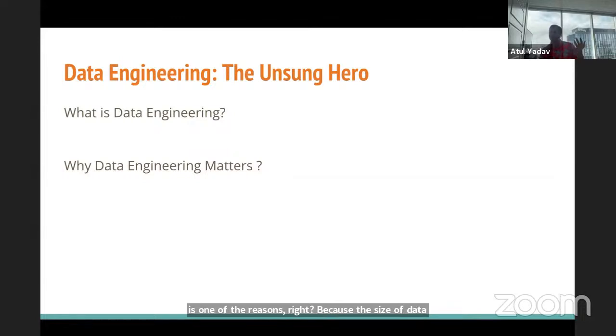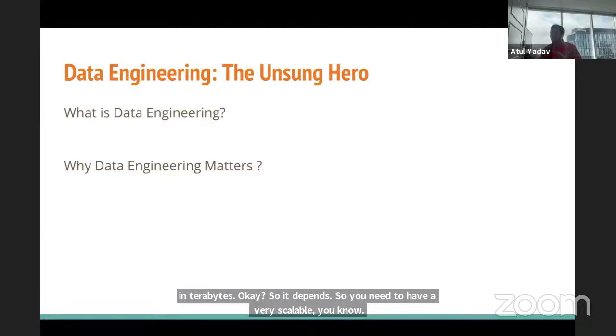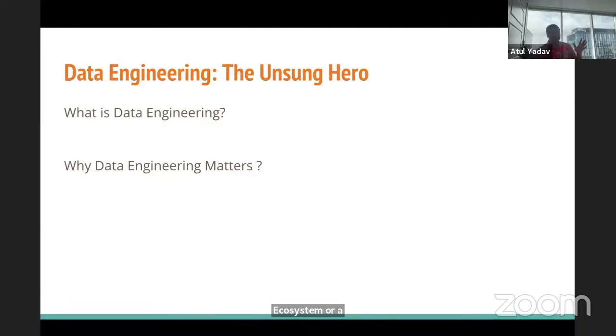Some have GBs, some terabytes, some petabytes, so you need a very scalable platform. Cloud suffices that need, whether AWS, Azure, or Google. So you bring the data to that ecosystem and store it in a raw zone.